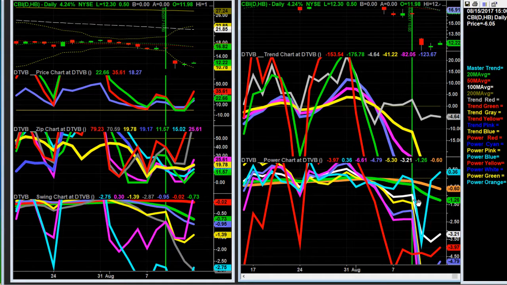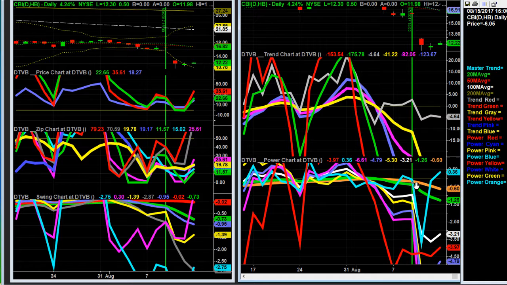Zion is above orange, the power 4 is under orange. That's a location that typically occurs reasonably frequently with gaps down. It's the location pattern typical for that specific pattern in a gap down situation.